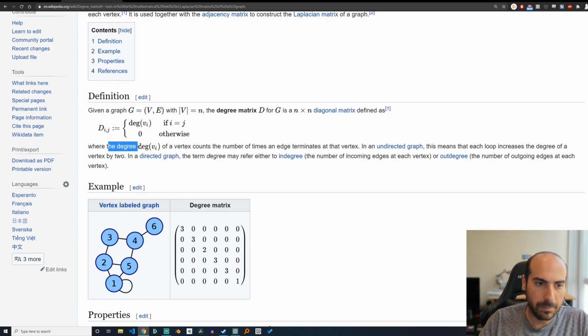Yeah. So basically, the degree matrix is a matrix of the same size as the adjacency matrix, and for each vertex, it's going to count the number of times an edge terminates at that vertex, right?